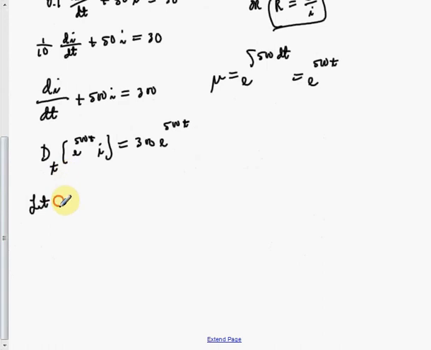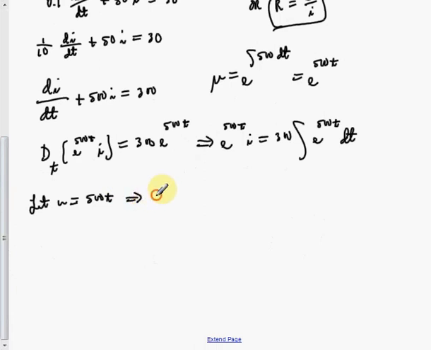So this implies e to the 500t times I is equal to 300 times the integral of e to the 500t dt. So let u equal to that 500t. That implies that du is equal to 500 dt.